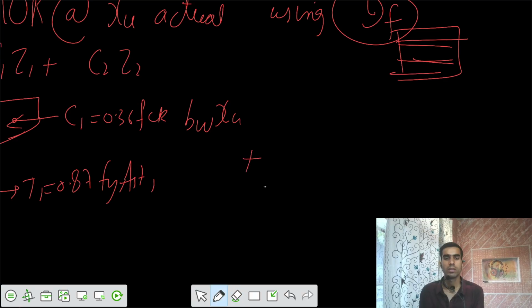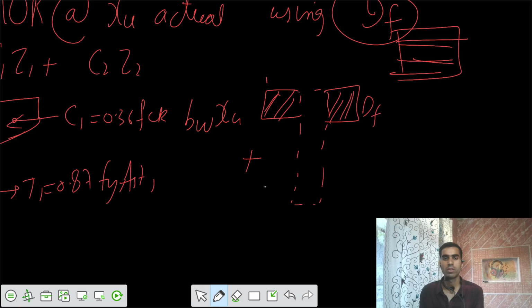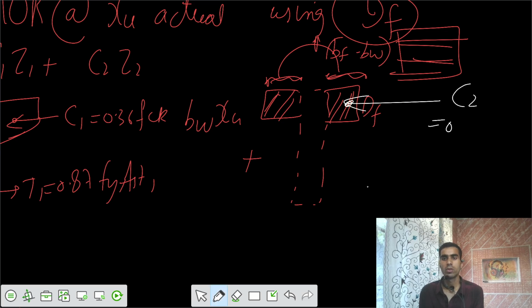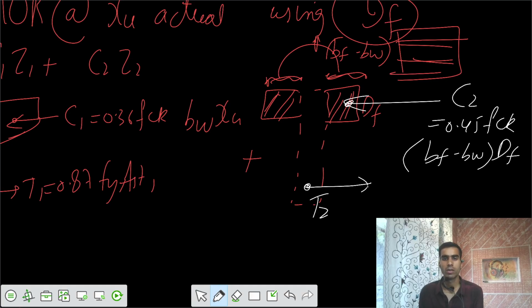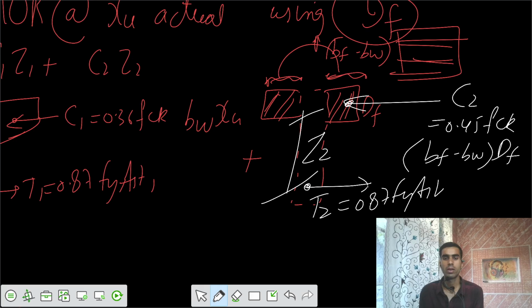Plus we have an imaginary beam section with the dimensions of DF, with width BF minus BW, and a C2 force of 0.45 FCK, BF minus BW, into depth DF, and a T2 force of 0.87 FY AST2. The lever arm Z2 is D minus DF by 2, since DF by 2 is the centroid of that force.